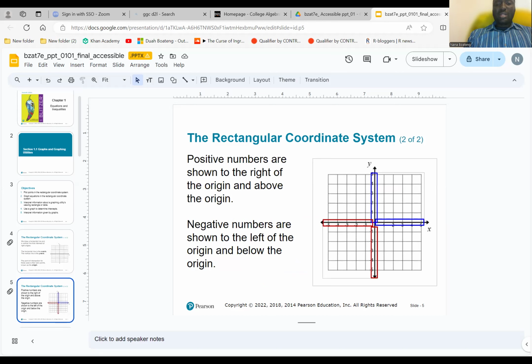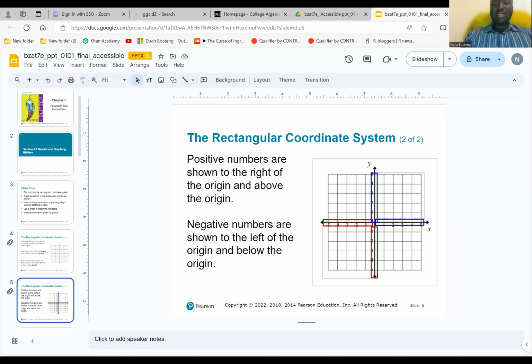All right, so the rectangular coordinate system basically divides the plane into 4 zones. As you can see from this diagram, the first box at the top right is where both the x and y values are positive.